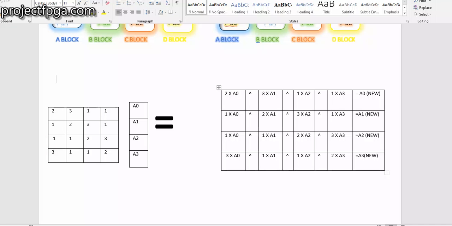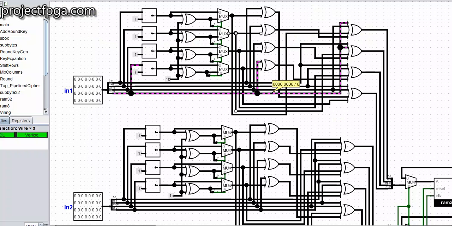And then finally we have 1 multiply A3, which is A3 left untouched. So which is this one. You can see it likewise went to this second multiplexer. So this is how we get the second XOR 4 input XOR gate. Sorry, I'm so much used to multiplexer all the while.